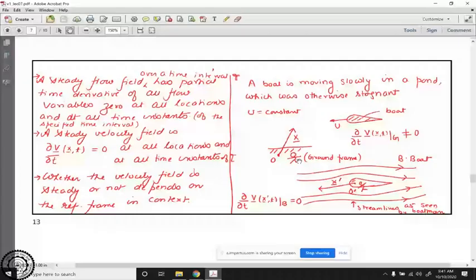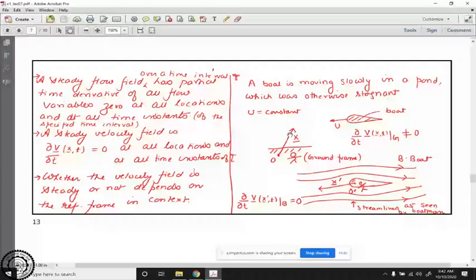Now if you are observing the velocity field existing in the pond, given that the boat is moving, you will see an unsteady flow field. So this derivative at a generic point somewhere near the boat, say here where I have put this arrow, you will expect to change. This velocity field will change, right?